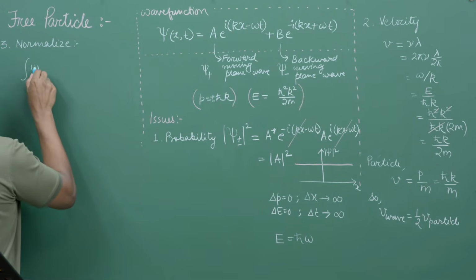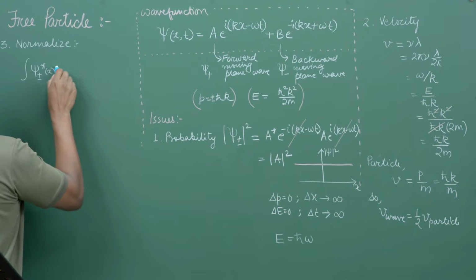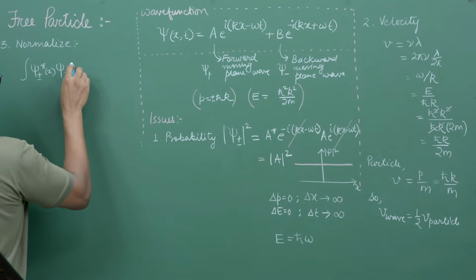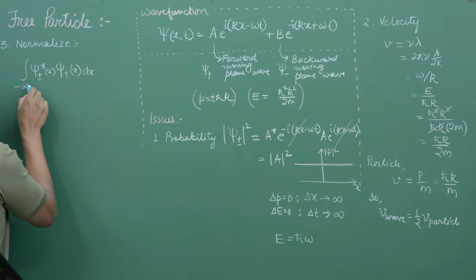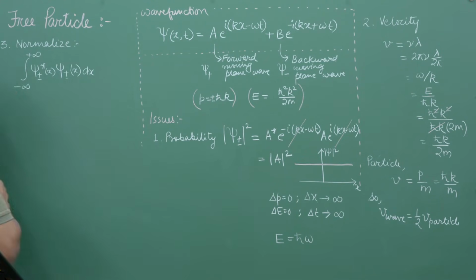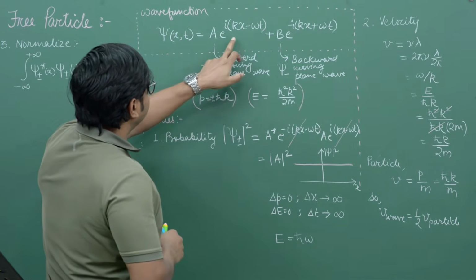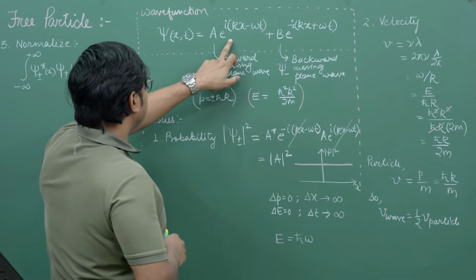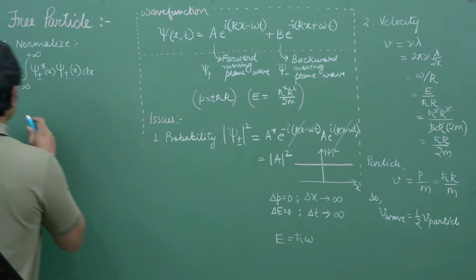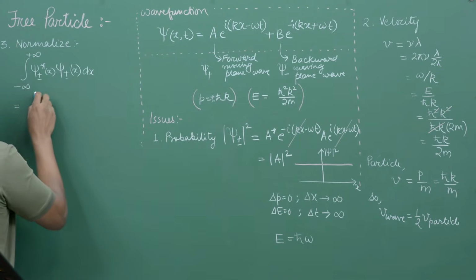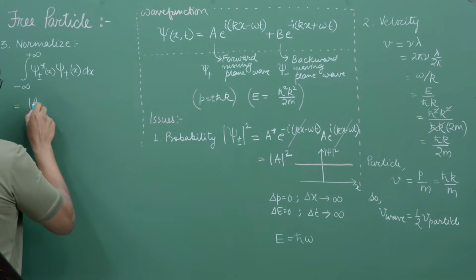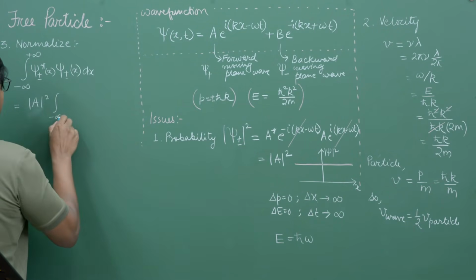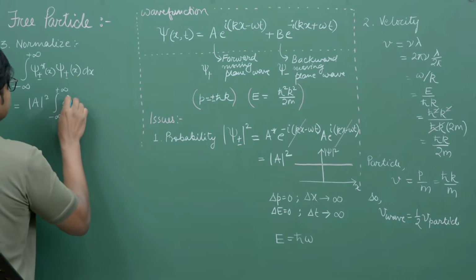the probability, let's suppose of psi plus minus, with respect to x between minus infinity to plus infinity, you can clearly see that this, of course, the iota, will get cancelled. So essentially you end up getting a mod square integration from minus infinity to plus infinity dx.